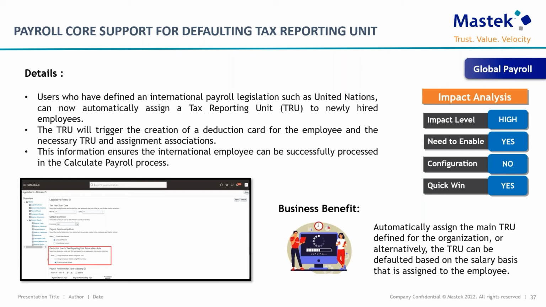We can define that condition, and based on the salary basis selected in salary, the TRU will automatically get attached and the system will be able to generate the calculation cards for that particular TRU. Earlier, sometimes we missed the TRU selection at the time of hiring, and then we had to go and attach it on the statutory or any deduction card as required. But now we can do it by default.